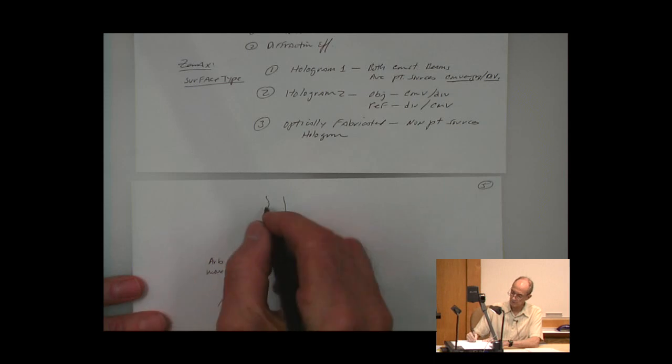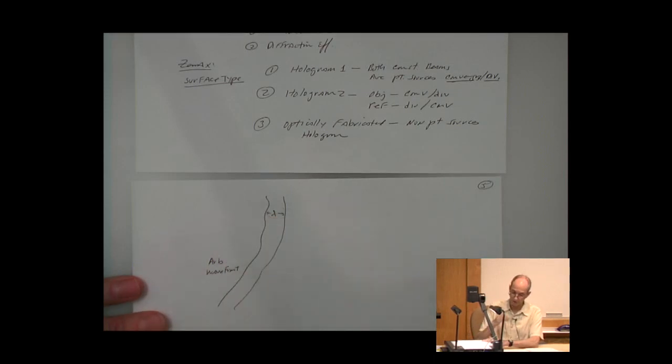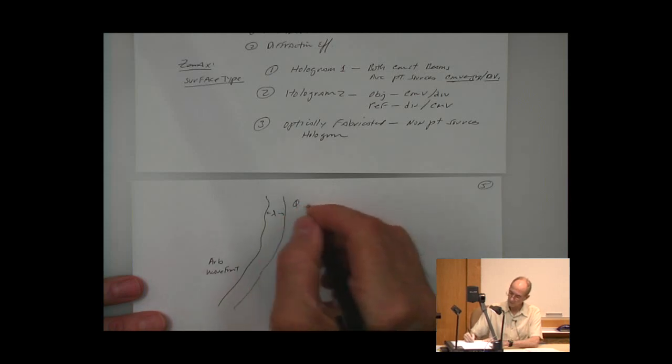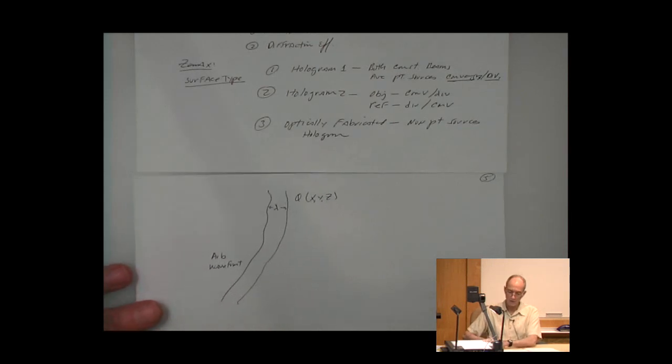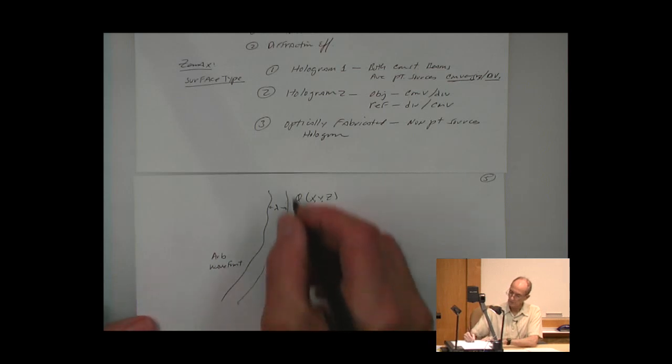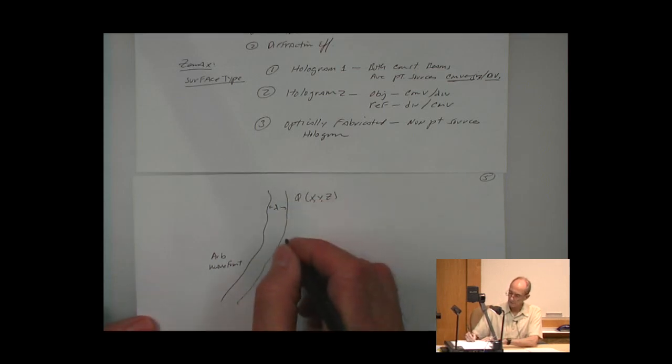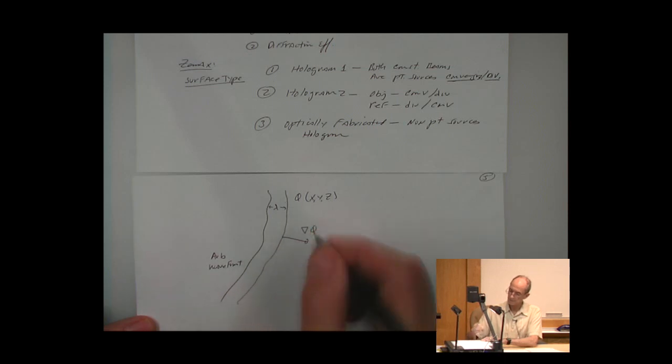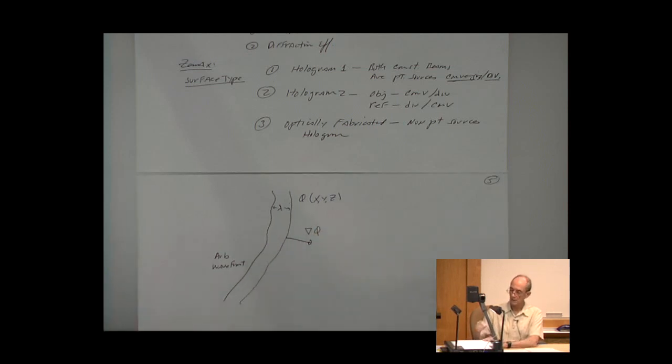Here's at a later point in time, or we can also think of this as a wavelength difference apart. And we have some arbitrary phase, phi of x, y, z. Well, as I alluded to earlier, if we know what that phase function is, if we take the gradient of that phase function, we'll then get the direction for the ray, or the pointing vector, going from that surface.